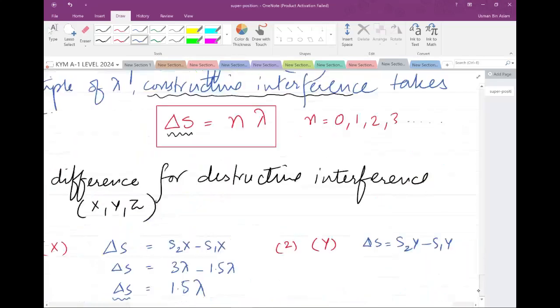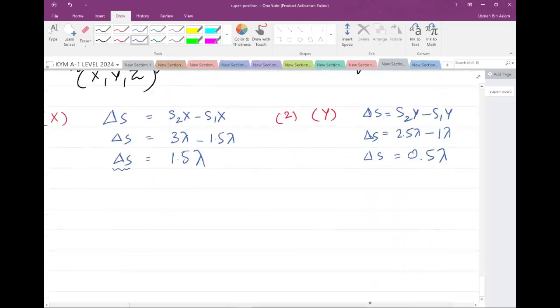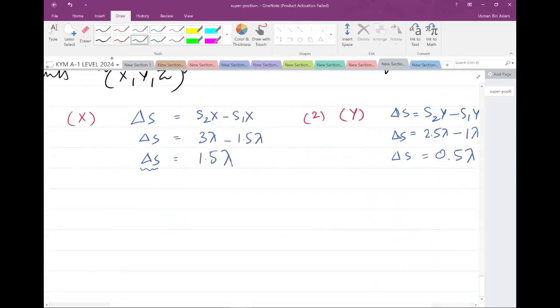So S2Y will be 2.5 lambda and S1Y will be 2 lambda. That gives me a path difference of 0.5 wavelength. So this tells us that if the path difference is a half integer multiple of a wavelength, that means 0.5, 1.5, 2.5, 3.5, I'm going to write that down as a rule here.